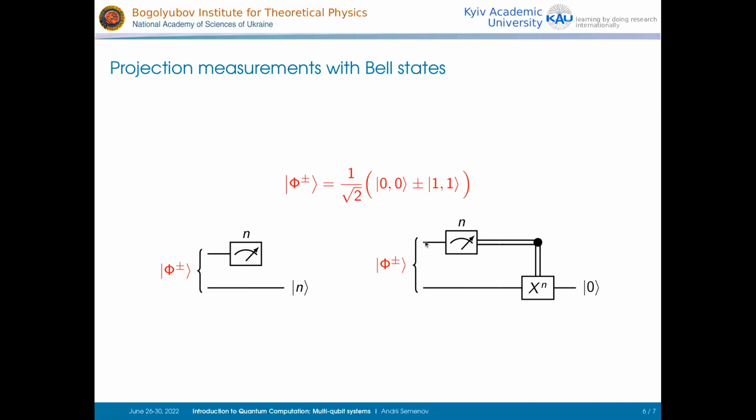So this is a quantum wire, and this is a classical wire. What does this do? It gets the result n, puts it here, and here I realize the gate X to the power n. When n is 0, this is the identity gate. When n is 1, this is the X gate. So I can simply switch it depending on the classical information I get here.